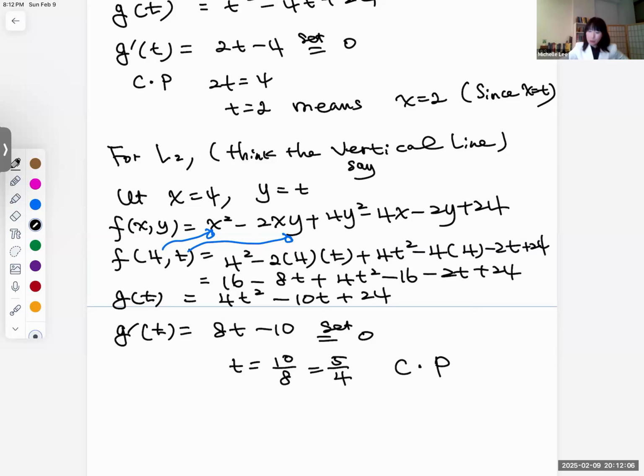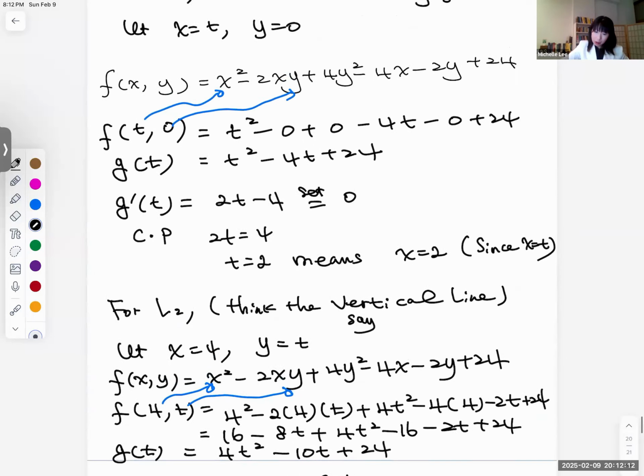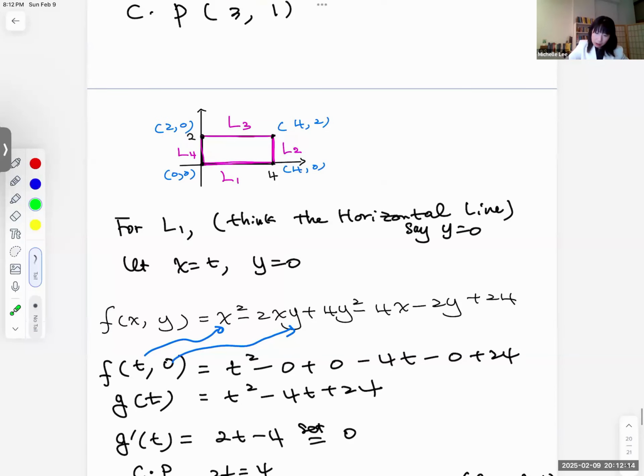All right, so for L3, let's take a look. This is the horizontal line, we have experience with this. This horizontal line is y equal to 2, right? Then the other variable is x equal to t.